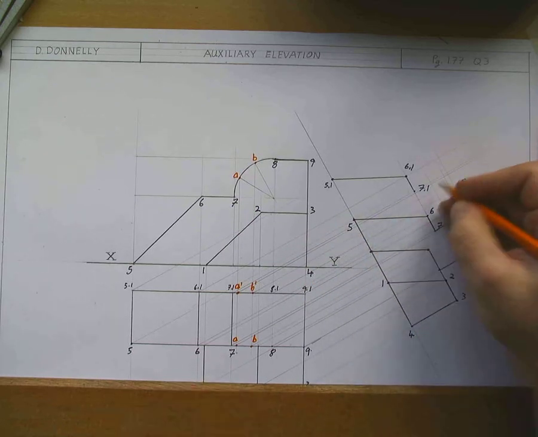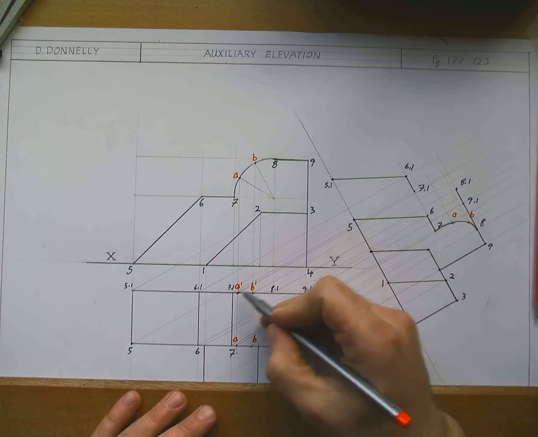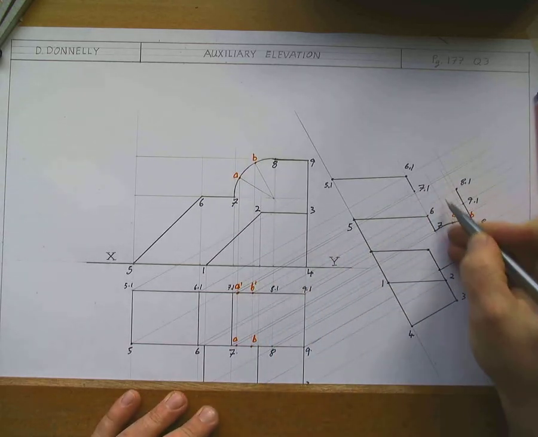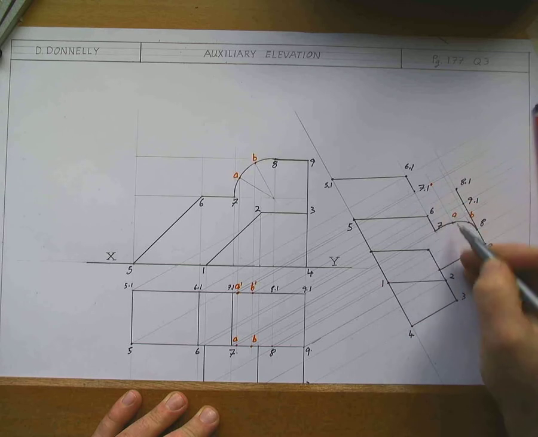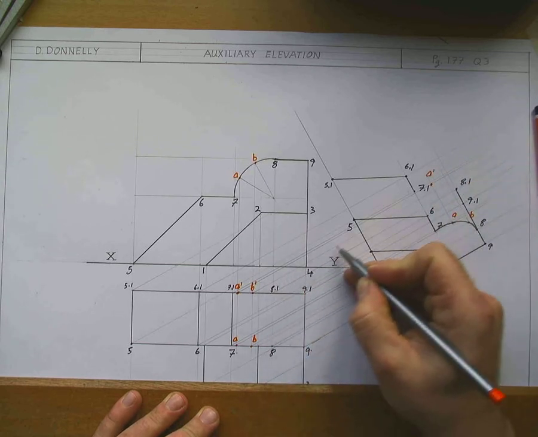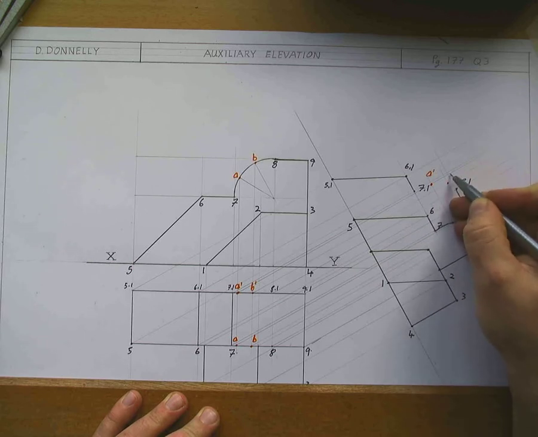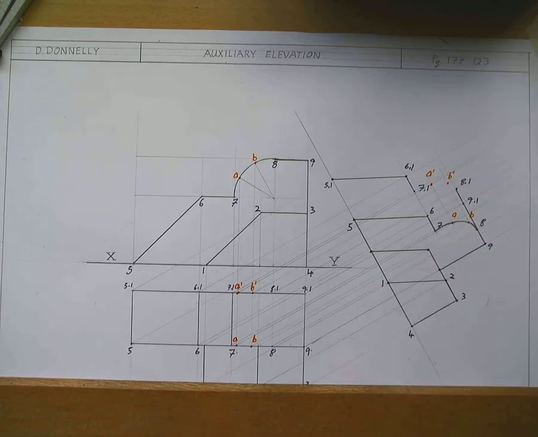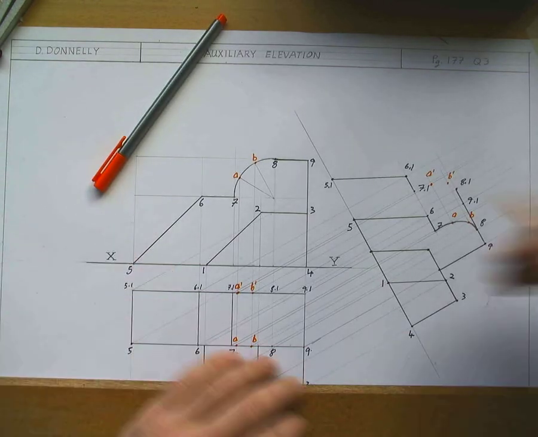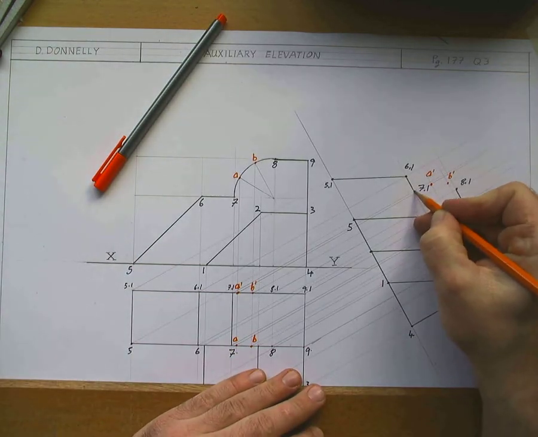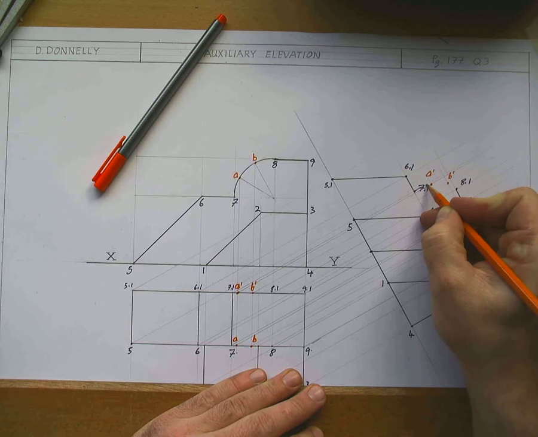So follow up A, and where it crosses A there, that's that point there, so that's A dash, and B is the same. Okay, we're going to come across, and all we're left to do is sketch in that curve there.